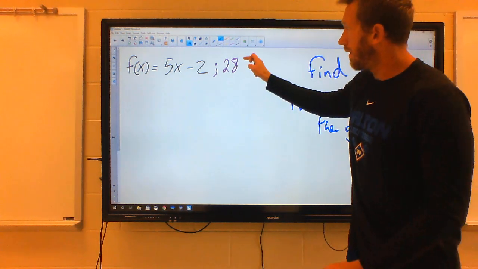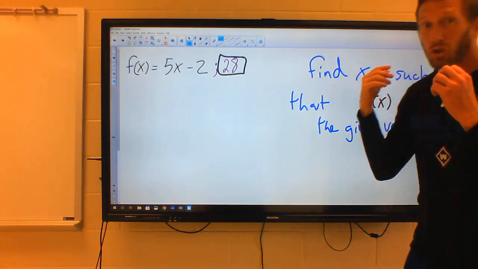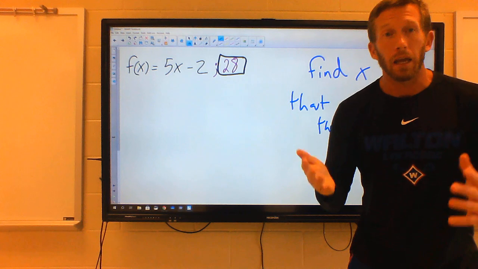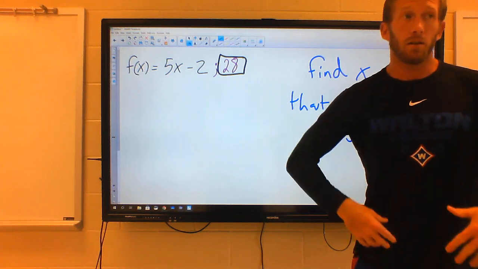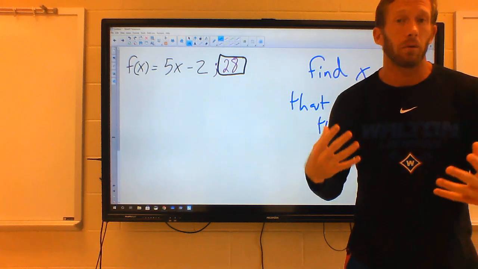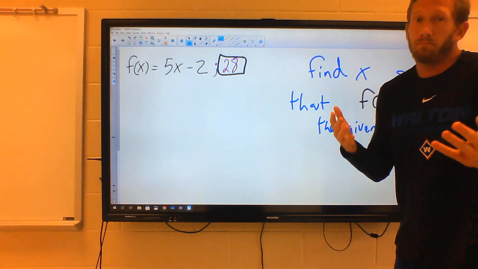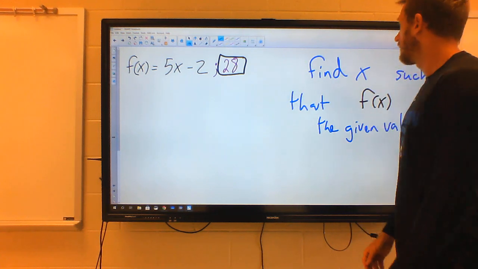Now we know what this thought is. We're looking to find x, so we're solving for x. So if we're solving for x, we must be given the y. That's literally all this is. It's as simple as that. If it says find x, you must have been told what the y is. The y must be 28.